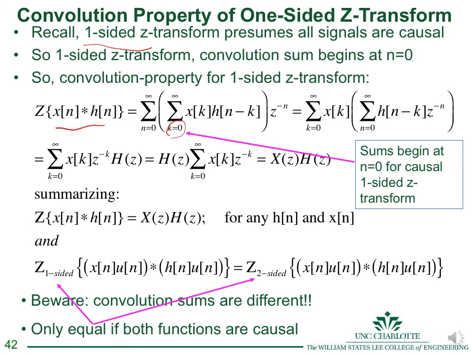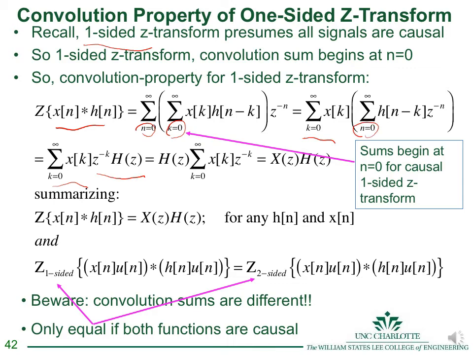And we can do the same thing, interchange orders of summation, and see that the inner sequence, of course, starts at 0. And so this is a shift right property.